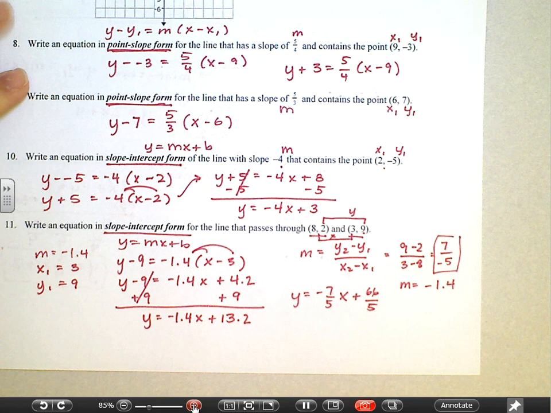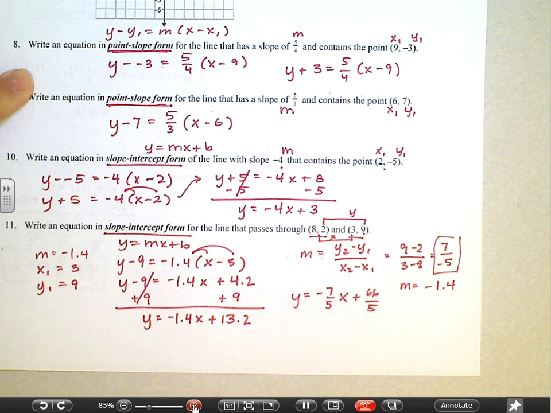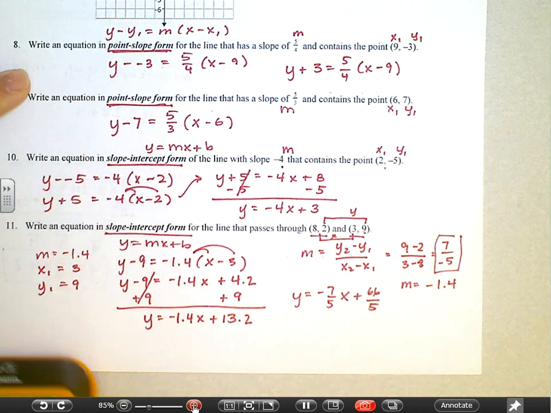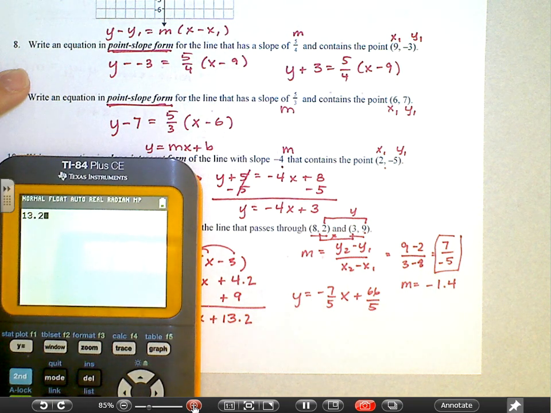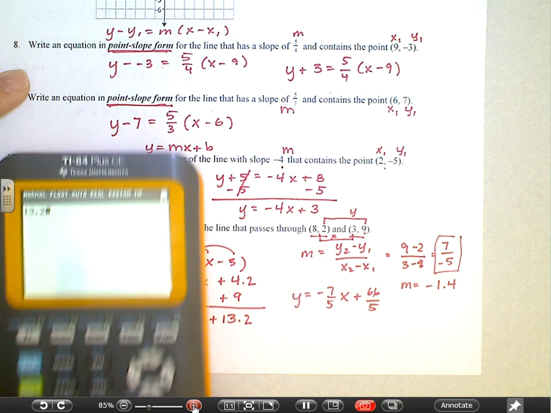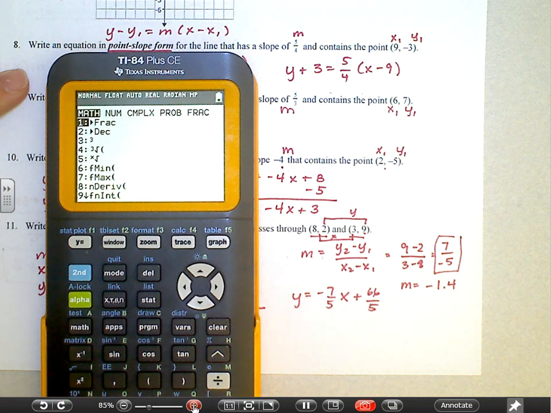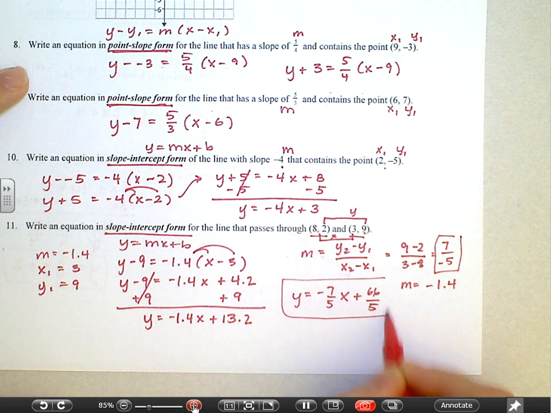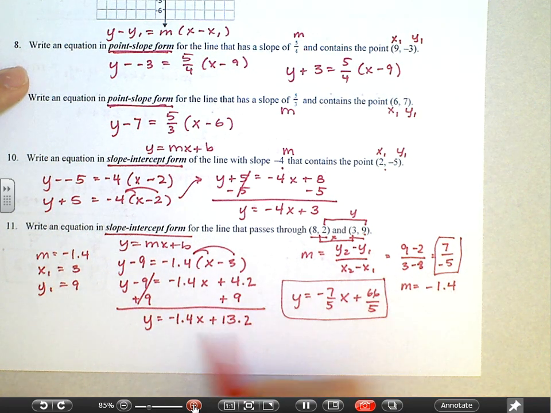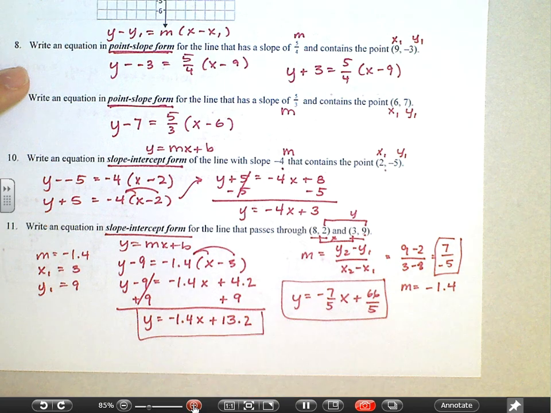And on your test, I don't know if it'll be fractions or decimals, but remember, if you need something into a fraction, you can put 13.2 and then hit math and then enter, it'll turn it into a fraction, give you 66 over 5. So that's a good way to check your decimals to make sure you have the same thing. All right.